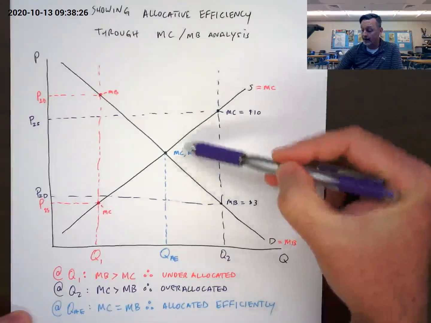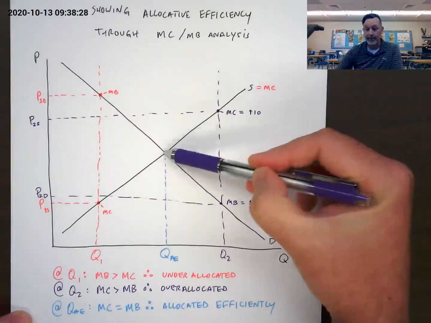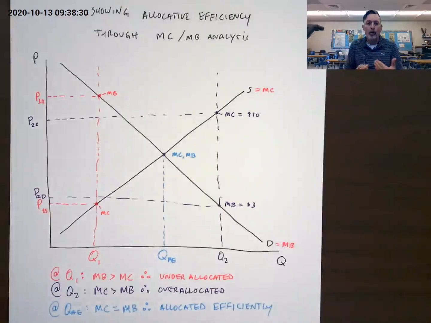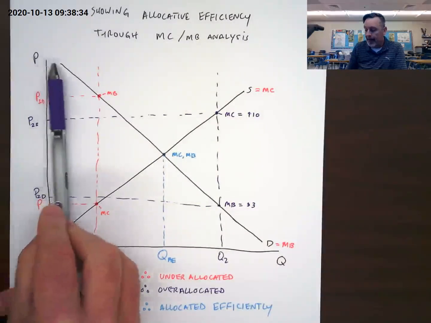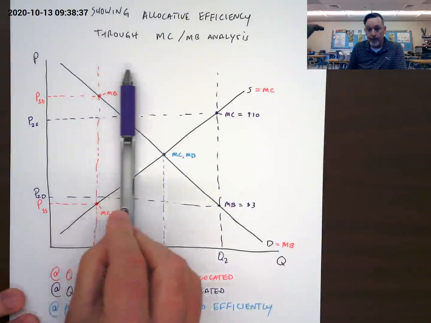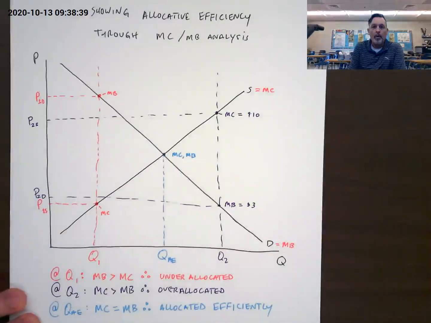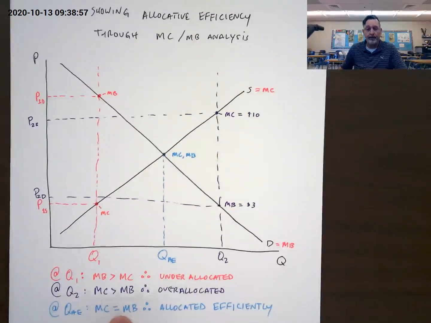So what we're looking to do in this particular case is collect every unit that we possibly can where benefit exceeds cost and avoid the collection of any unit where cost exceeds benefit. And if we do that perfectly, we get a stop sign. And our stop sign is where marginal cost equals marginal benefit. Thank you.